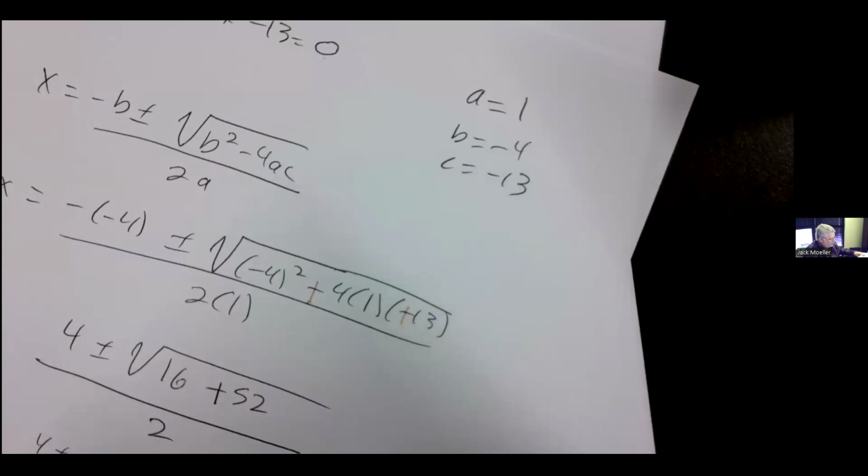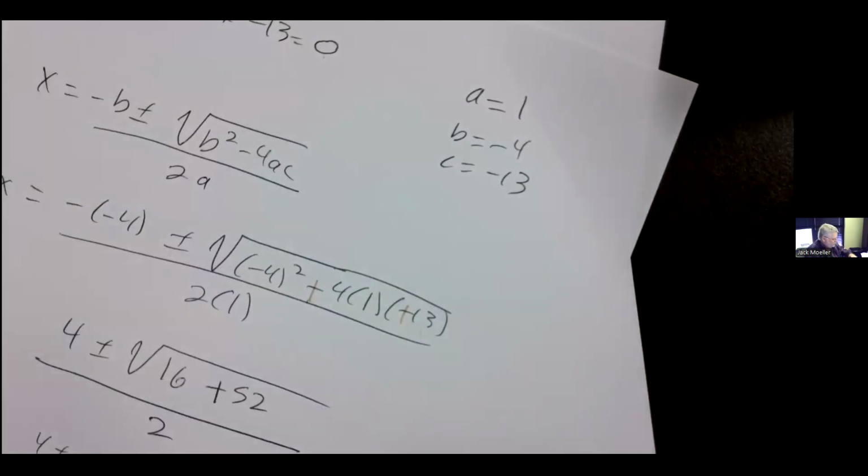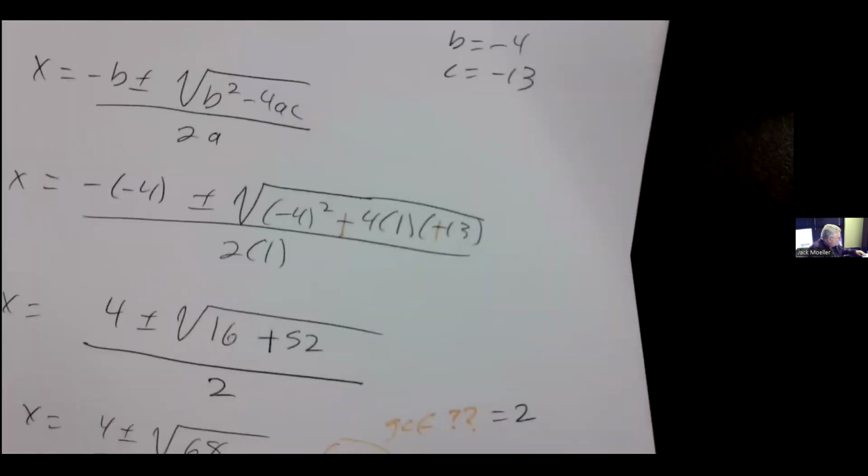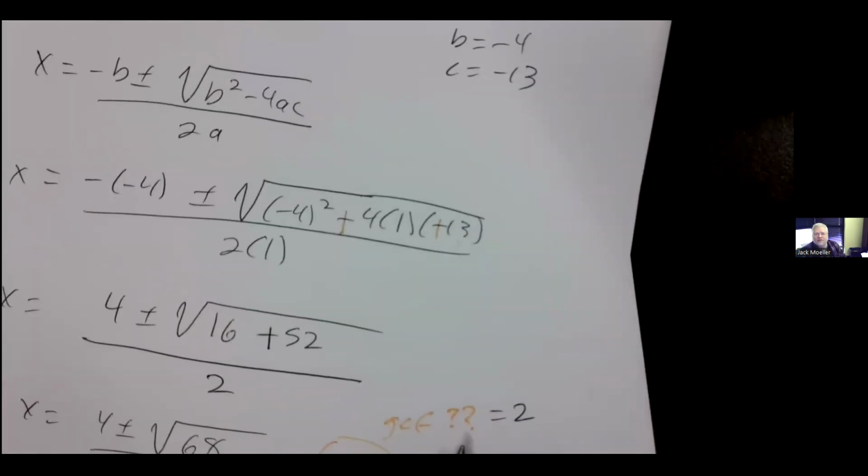Let's see. The problem is I didn't type out my answers, and so I'm trying to find one that has imaginary results. Let me go back in and check the answer right quick. That's why I didn't print off all my pages.